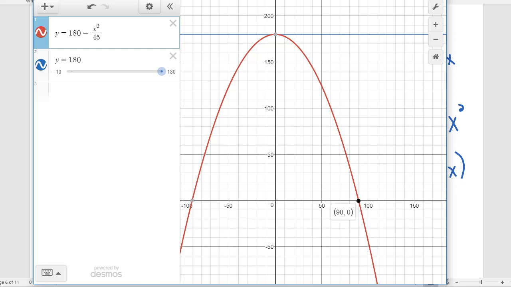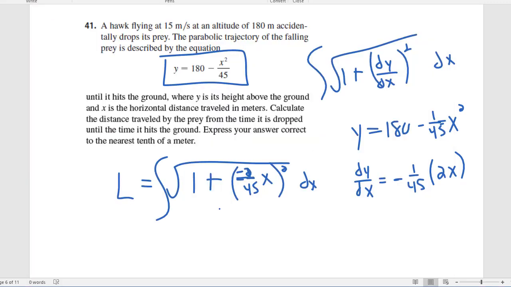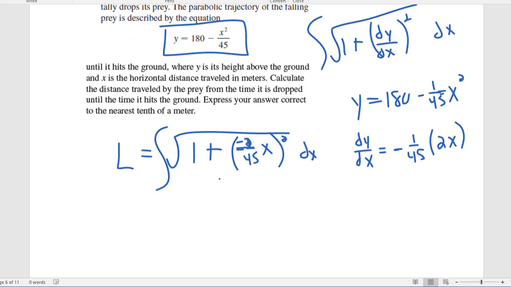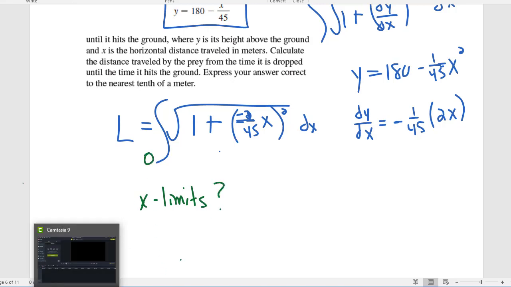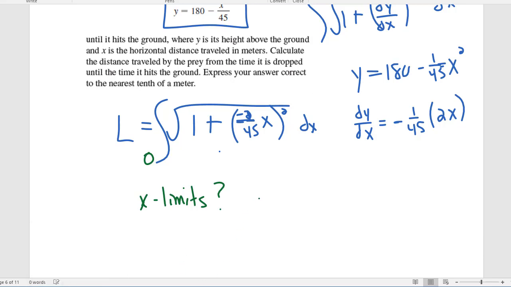So if I come back to my Word document, I'm trying to find where y equals 0. So, what are the x limits of integration? We already know when x is 0, that's when it's at 180 meters. And then I want to know when y equals 0. So where does y equal 0 for my equation?